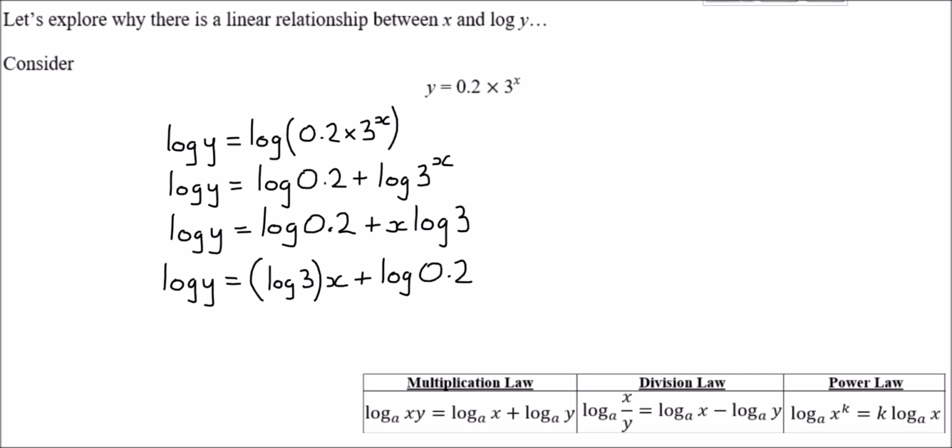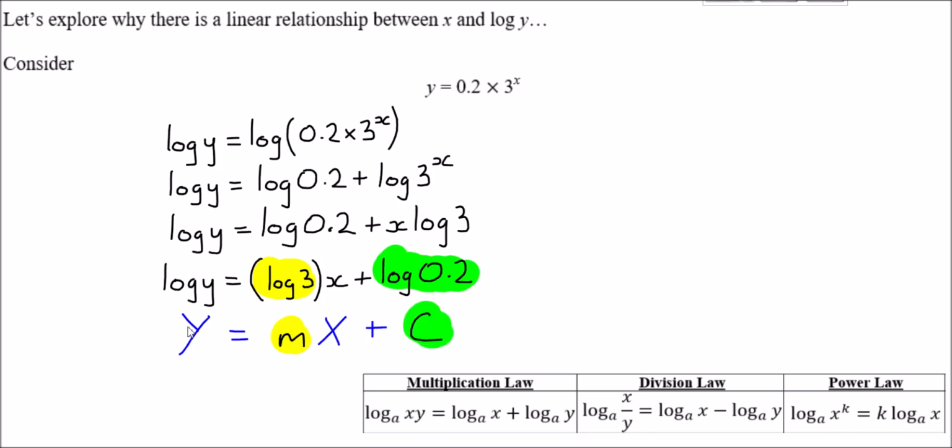So now compare this, what we've got here, to the old familiar y equals mx plus c. Y is a variable as log y is a variable. M is a constant, just as log 3 is a constant. Log 0.2 is a constant, just as c is a constant.